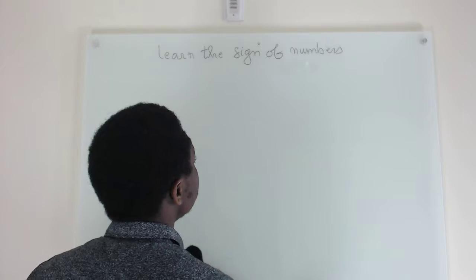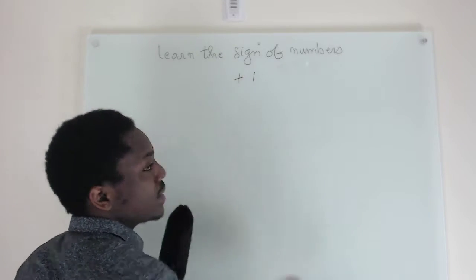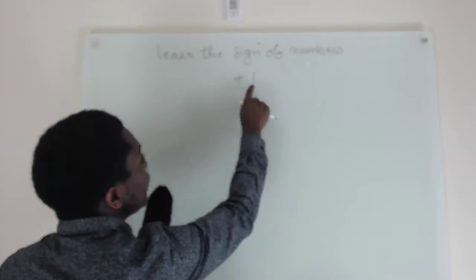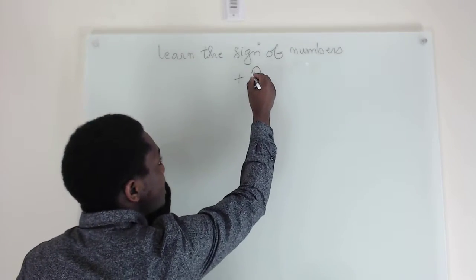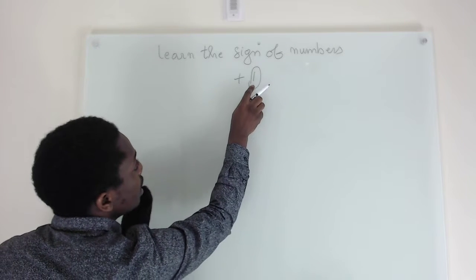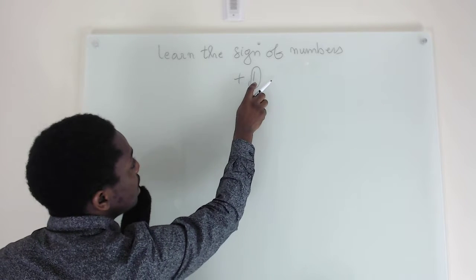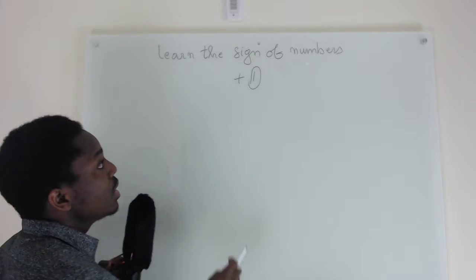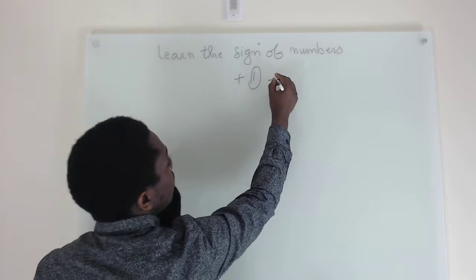For example, let's say we have the number plus 1. Here's the number 1. The sign of this number 1 is located right here, on the left side of the number 1. So the sign of this number 1 is what?